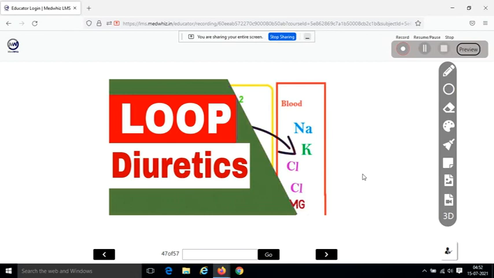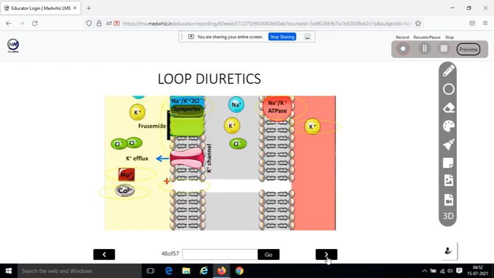These are highly efficacious agents. The prototype is furosemide. Furosemide, a loop diuretic, acts by inhibiting the sodium potassium chloride transporter. That's how sodium reabsorption is prevented.